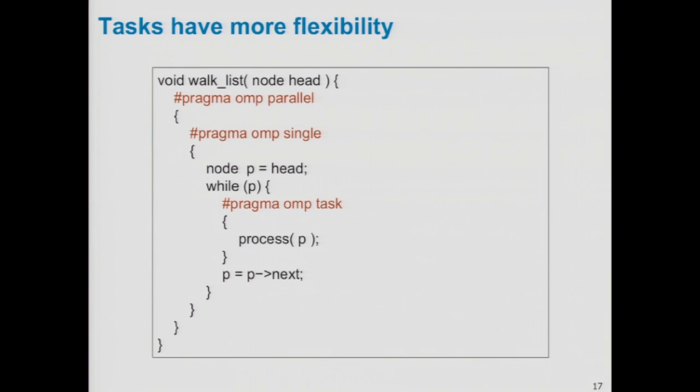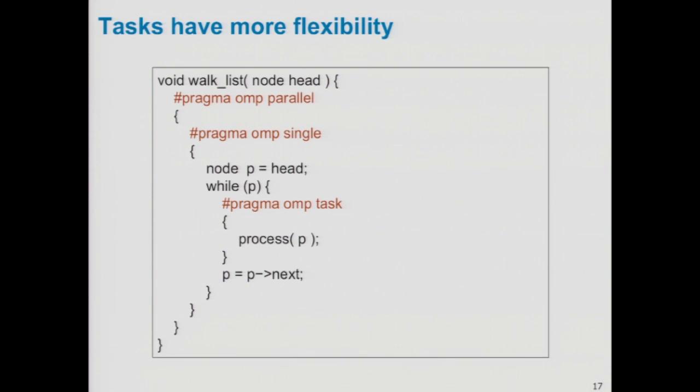So it's kind of a master-slave, producer-consumer type of arrangement, where we're going to arbitrarily pick one of the threads as our dispatching thread, everyone else is our worker threads, and we're going to use the single to do that. Then we're just going to execute a piece of sequential code, like we're going to walk through our linked list, and we know that processing each element of our linked list can happen in parallel because all of the elements of our list are independent, but we know walking over our list has to be done sequentially because you have to be at one node before you can get to the next node.